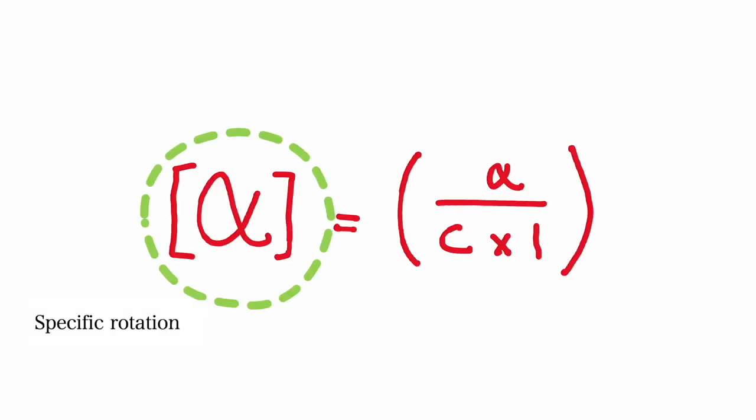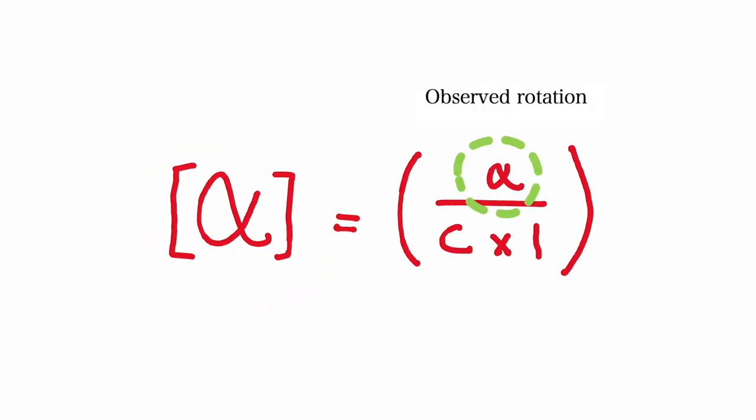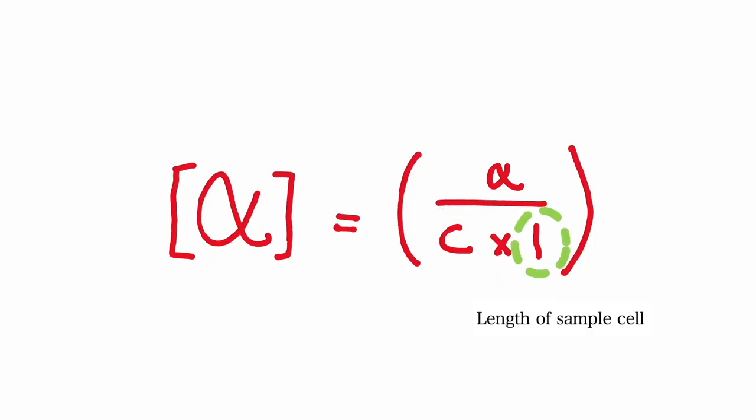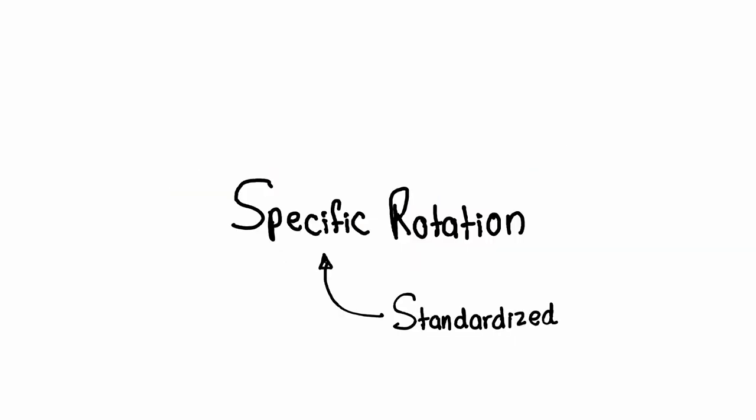It's calculated using the observed rotation, which is denoted by alpha, concentration, which is denoted by lowercase c, and path length, which is denoted by lowercase l. Because it's standardized, specific rotation allows scientists to compare different optically active substances. It's also used to identify and characterize chiral compounds.